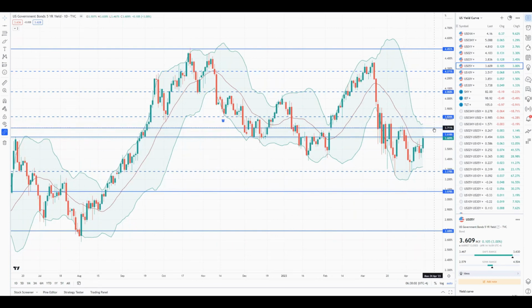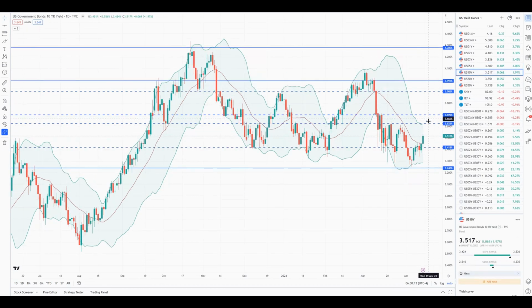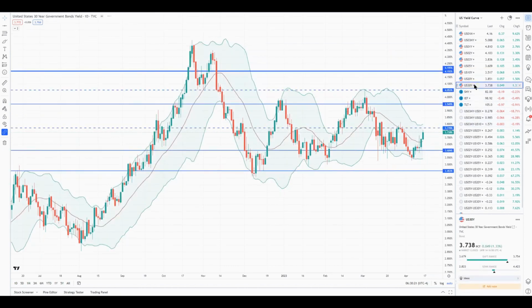But being short beyond this 371, 372 to me makes very little sense. In tens, this area around the 360 is going to be very, very difficult to break through. And in terms of 30s, I think 377 to 380 caps for the time being.